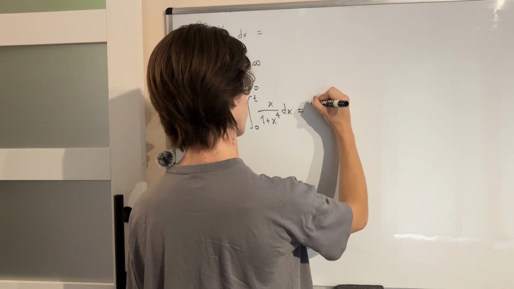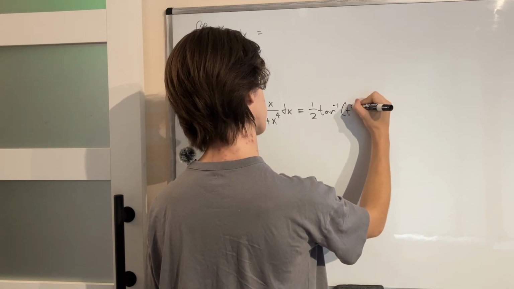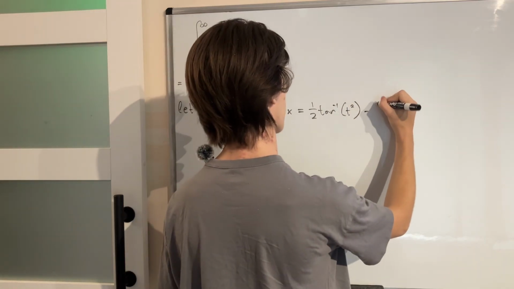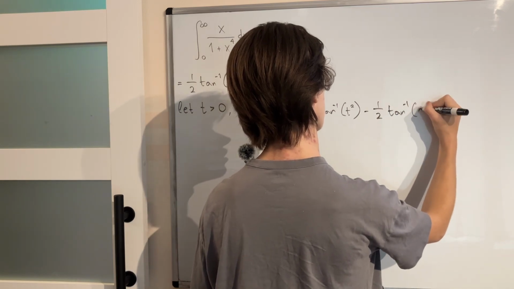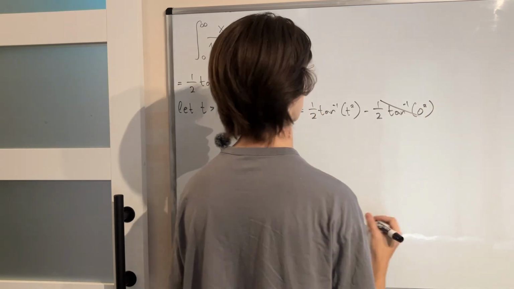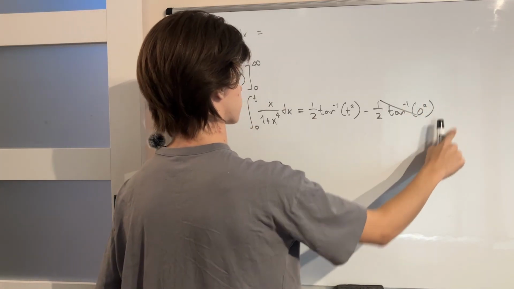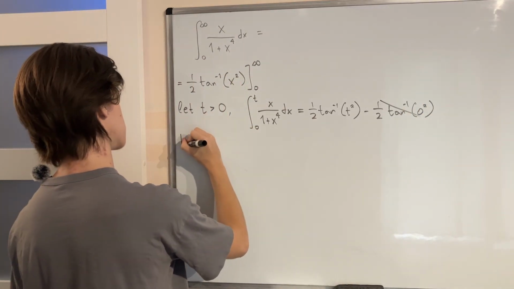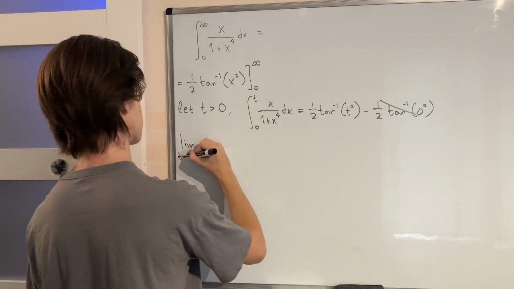So it's going to be half of the arctangent of t squared minus half of the arctangent of 0 squared, which is obviously just 0, so we don't need that. And then to evaluate the improper integral, we take the limit as t approaches infinity of what we evaluated here.